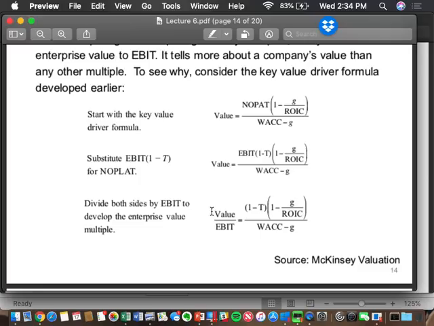If you divide both sides by EBIT, the EBIT cancels out, and you get enterprise value to EBIT equals (1 minus the tax rate) times (1 minus G over ROIC) divided by (WACC minus G). This is enterprise value to EBIT academically, according to Modigliani-Miller.